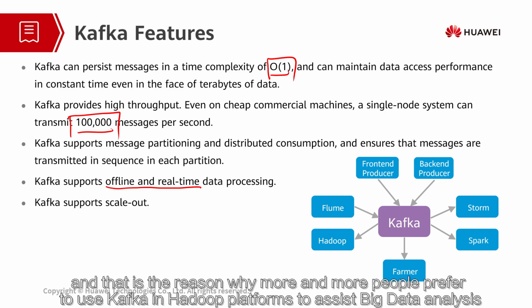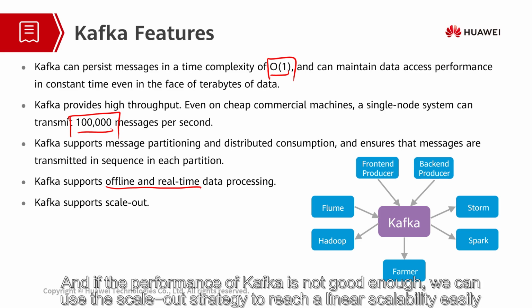And that is the reason why more and more people prefer to use Kafka in Hadoop platforms to assist big data analysis. And if the performance of Kafka is not good enough, we can use the scale-out strategy to reach a linear scalability easily.